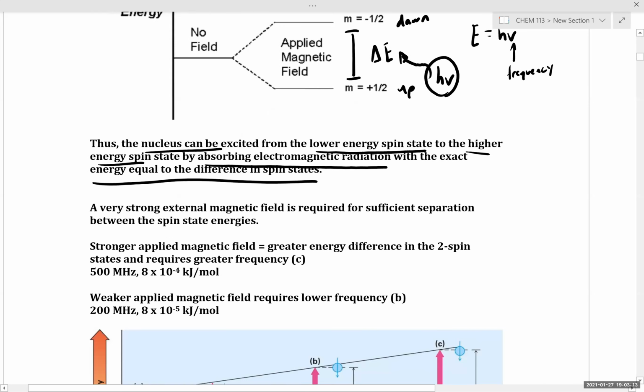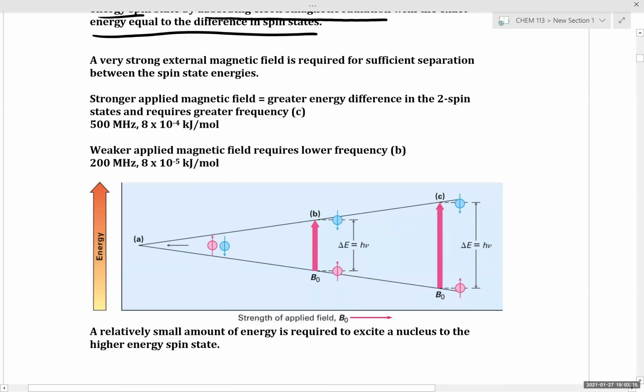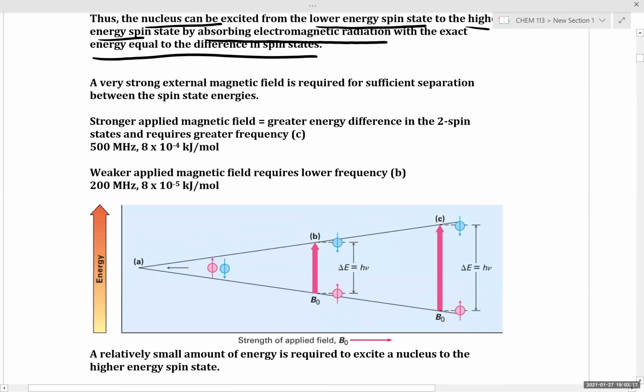So you need a pretty strong magnetic field for you to observe sufficient separation between the spin state energies. As you increase your external field, the difference in energy between your spin states is proportional to the external field strength.